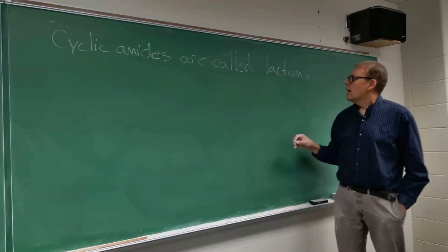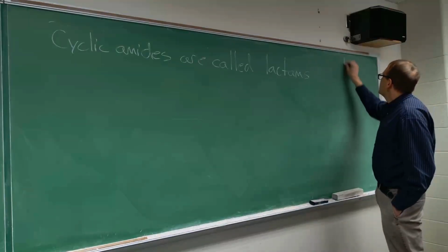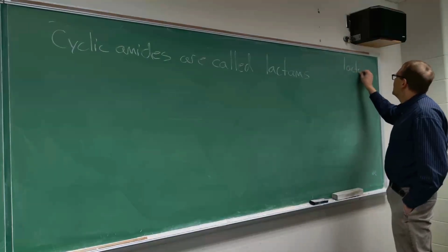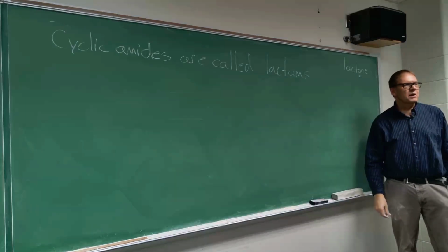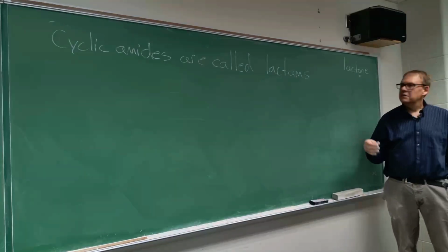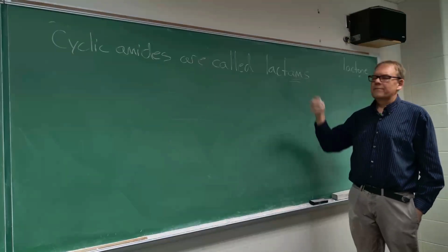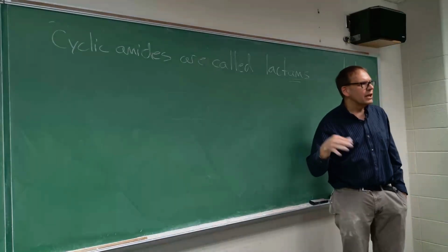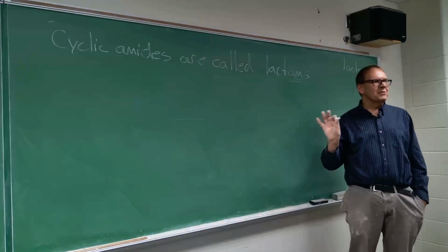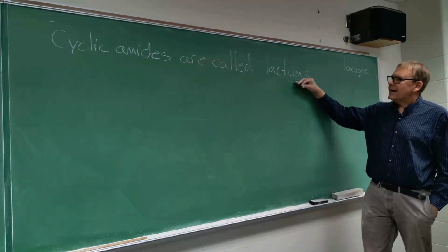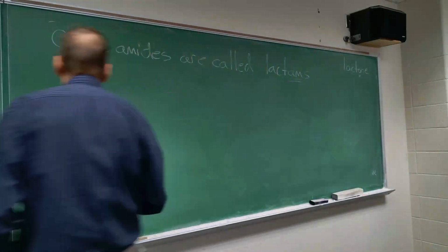Very similar. The way I remember it, if you're struggling here: lactone, there's an O in the name, so I think O, that's what an ester has. For lactam, there's an am in it, which for me invokes amine, nitrogen. So whatever mnemonic device you want to use, but when you see lactam, think cyclic amide.